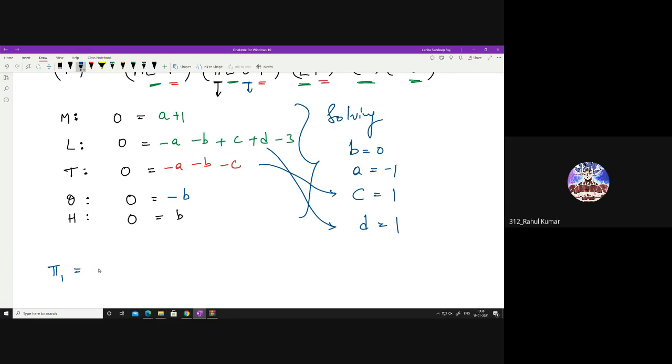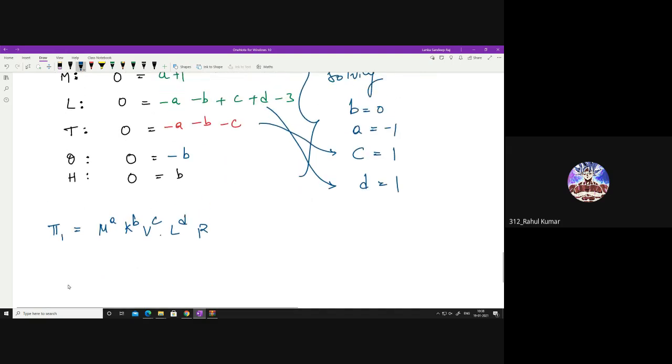The pi term 1 is mu to the power of A, then K to the power of B, V to the power of C, L to the power of D into rho, turning into an equation which has knowns here. The unknowns are A, B, C, D, and they are taken as knowns now.